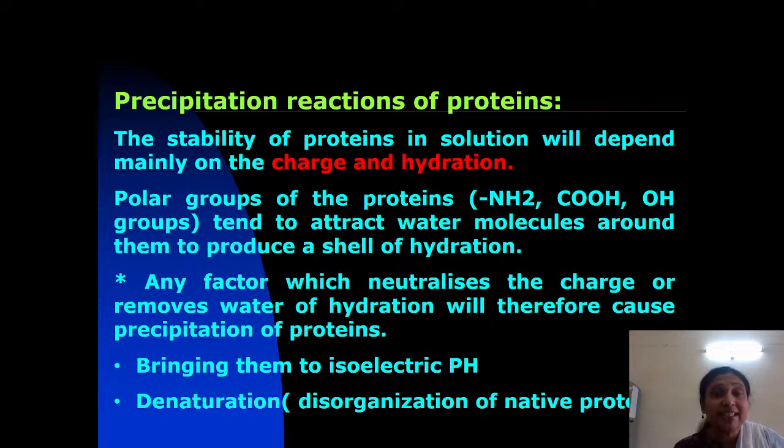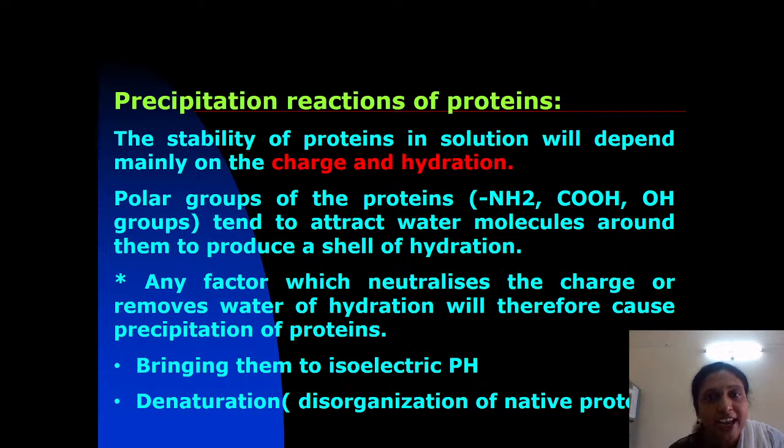Precipitation means any factor or agent which either neutralizes the charge on the protein or decreases the availability of water, that means decreases the shell of hydration, that would result in the formation of precipitation.